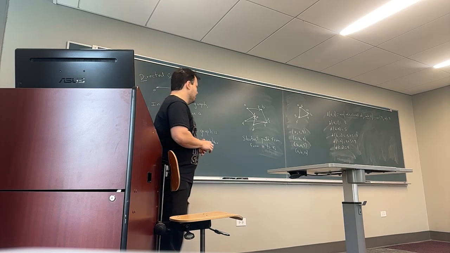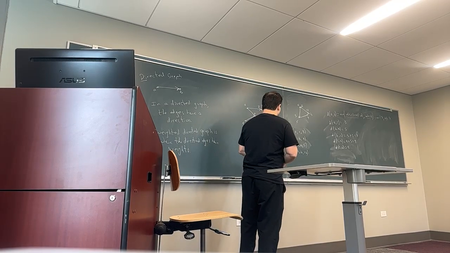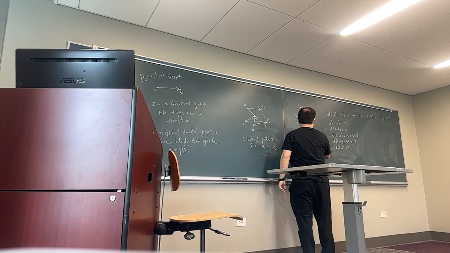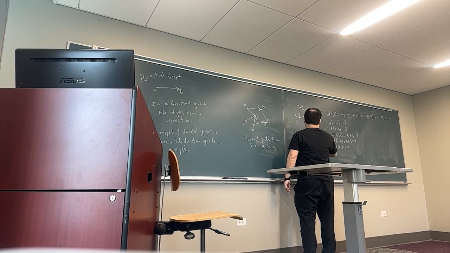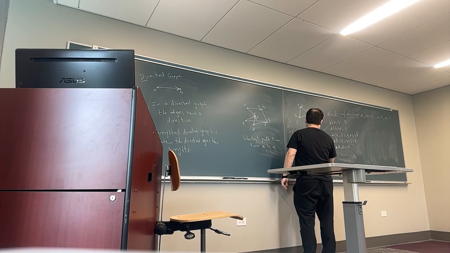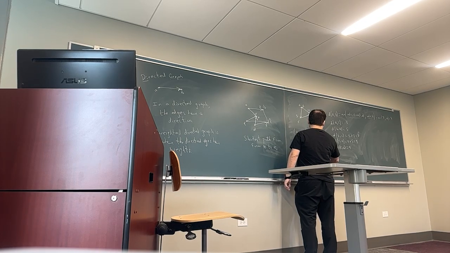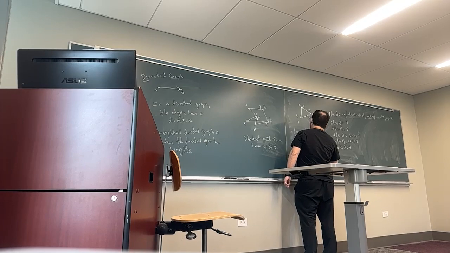All right, so here, if you think of the weights, so from A to B, the weight is 10. From A to C, the weight is 3. From C to B, the weight is 4. From B to A, the weight is 5.